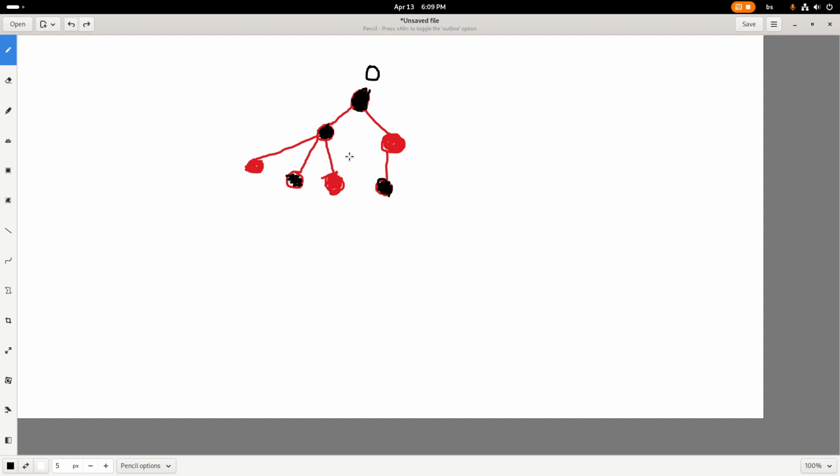Oh, okay, wait. Maybe I just need to solve the problem. Should I color nodes? This reminds me of exchange argument. Like, should I color this node before this one? Yeah, and if I can solve that, but that's tricky to solve, honestly.